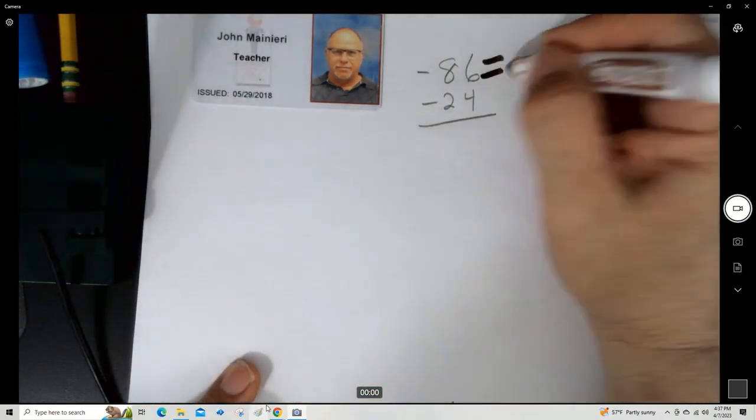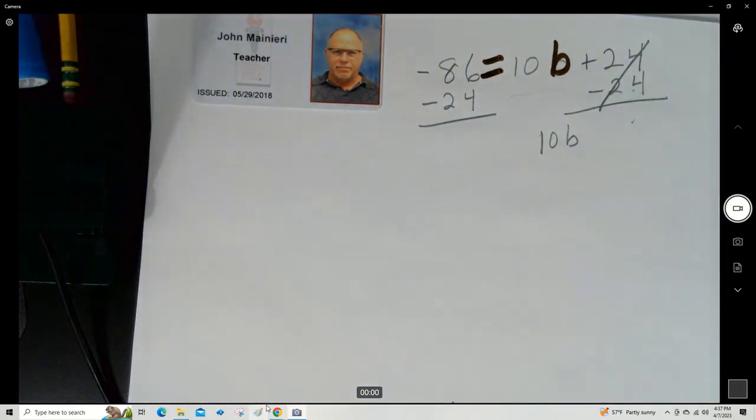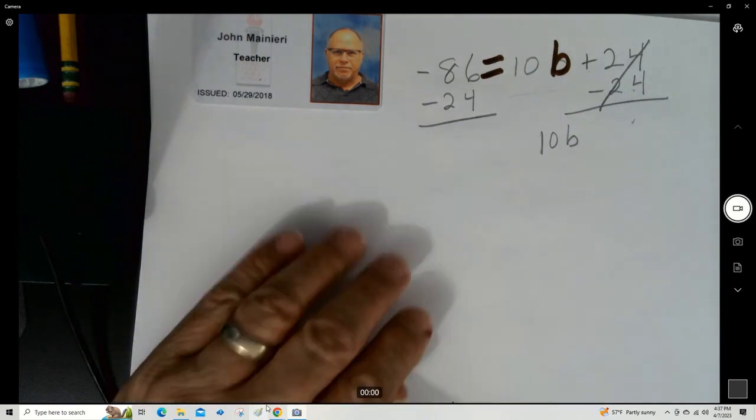You can't do something to one side of an equal sign and not do it to the other side, or it's not equal. We both had $20 and I took 5 from one person. I better take 5 from the other or they're not going to have the same amount. If I multiply one person's by 4, then I better multiply the other person's by 4 or they won't have the equal amount.